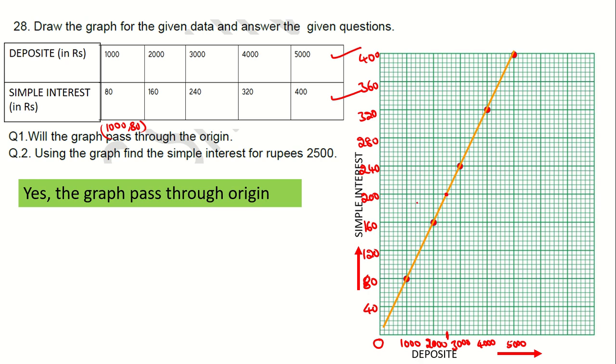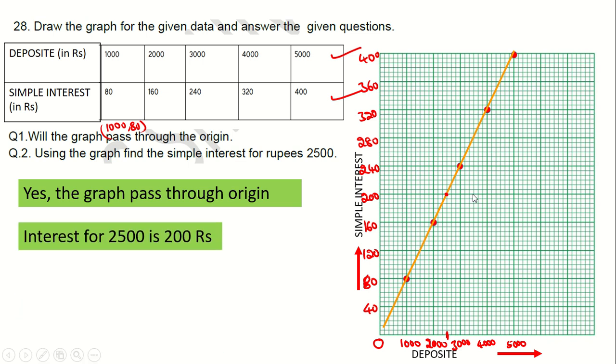This one is 200. Here 2500 reaches the graph line at the point of 200. Therefore, the interest for 2500 is rupees 200.